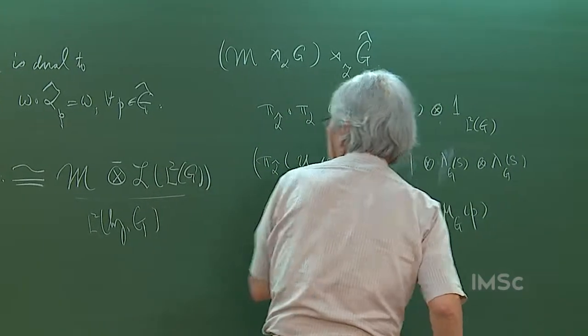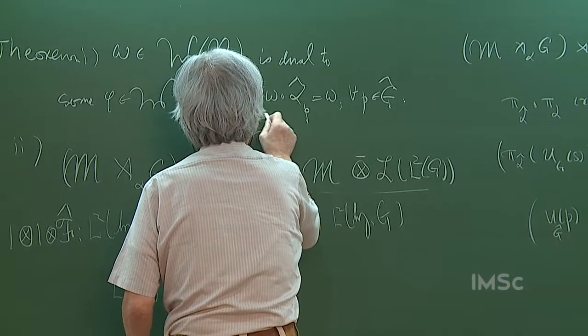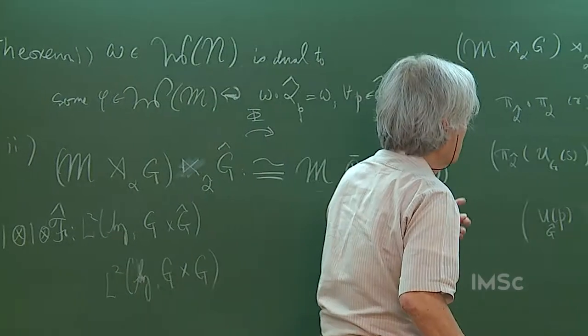Now here is the isomorphism involved, and those are the generators we needed.